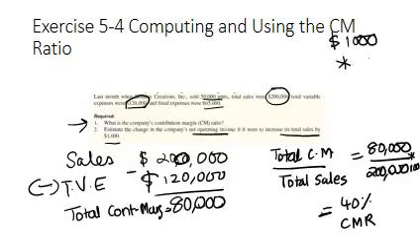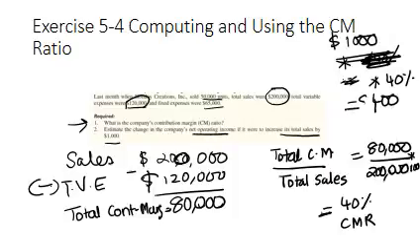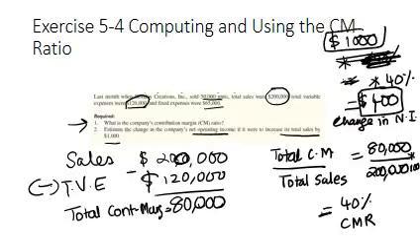Simply multiply it times the contribution margin ratio of 40%, and you're going to get $400. Now, this is your change in net income when sales increases by $1,000.